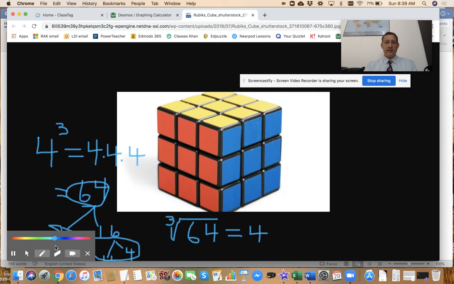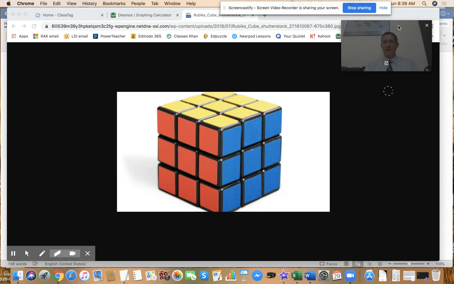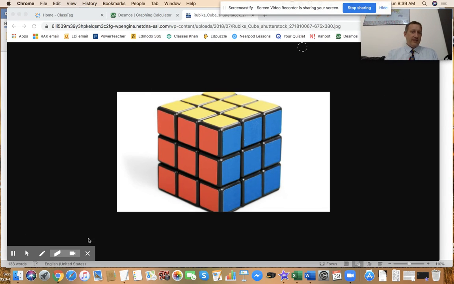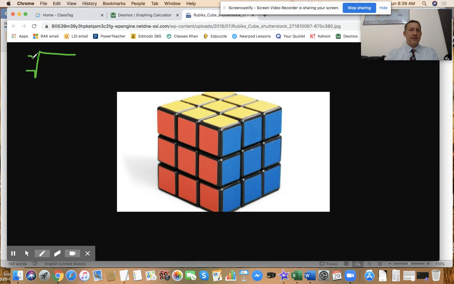Okay, so we're going to be inspired by our Rubik's Cube here. Let's take the cube root of 125.